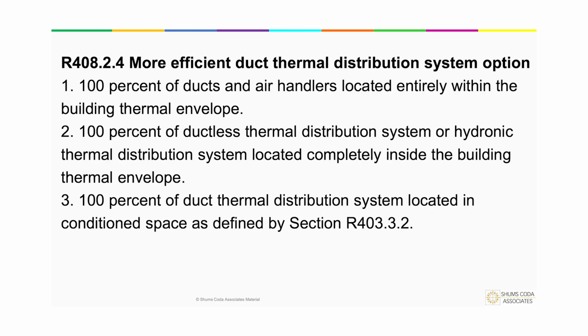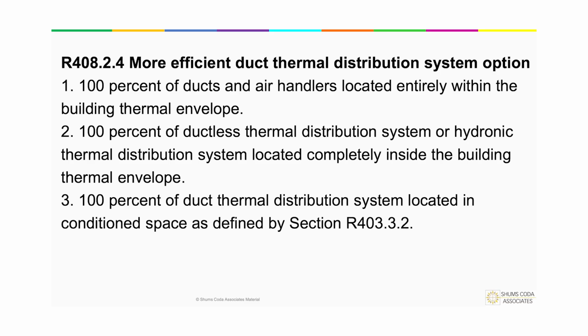Now, this is the one that I was alluding to earlier. And this is demonstrating that you have 100% of your ducts, or whatever your thermal distribution system is going to be, located inside your thermal envelope, inside conditioned space.